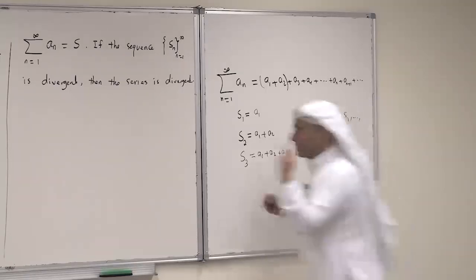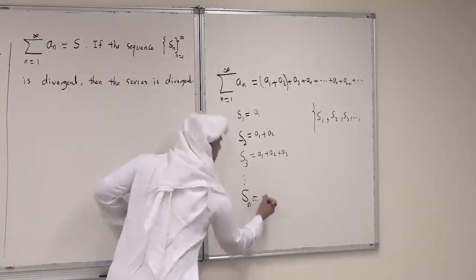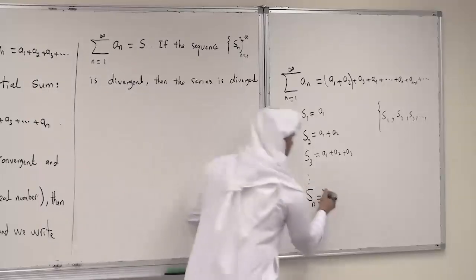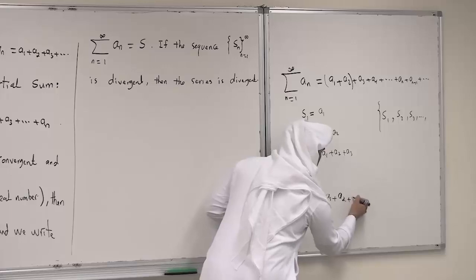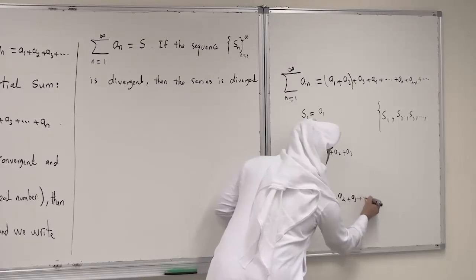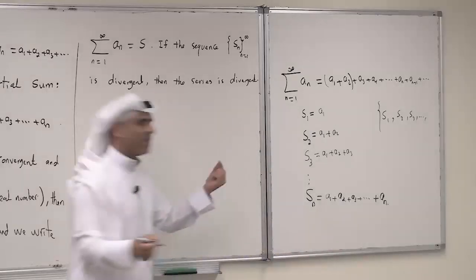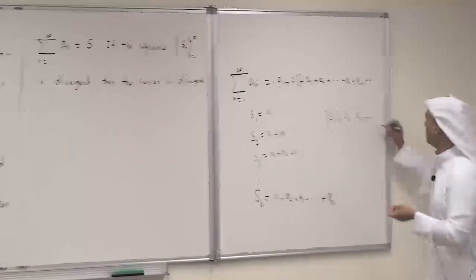What is Sn, the nth partial sum, as defined in the definition? Sn is the sum of the first n elements in the series. So we take A1 plus A2 plus A3 and so on, until we reach the last element, An. We call this one the nth partial sum. So it is a real number at the end, because we are adding a finite number of readings.